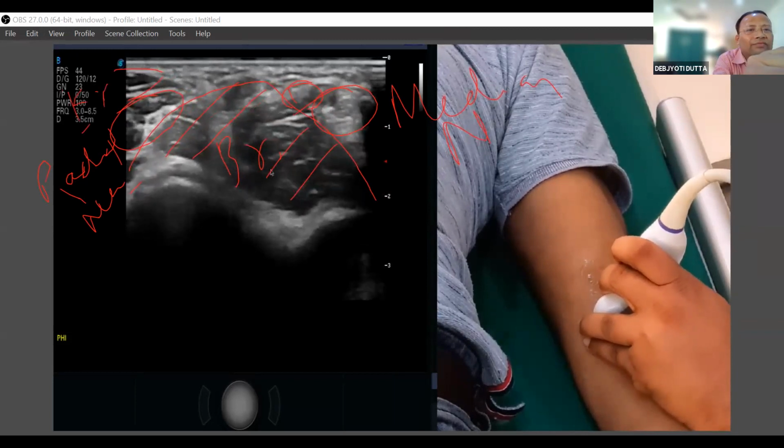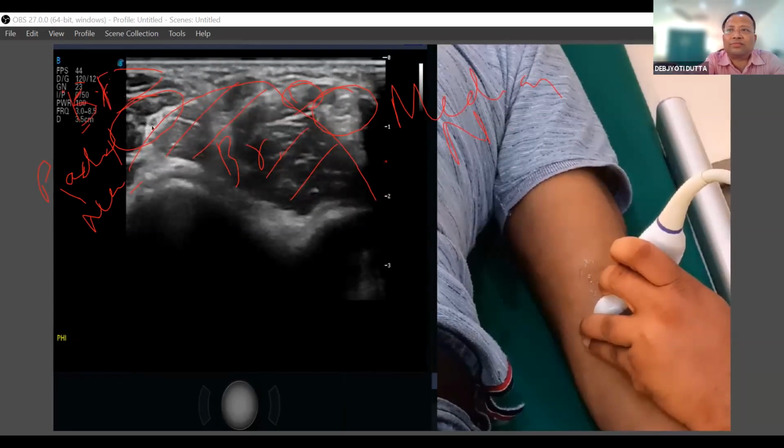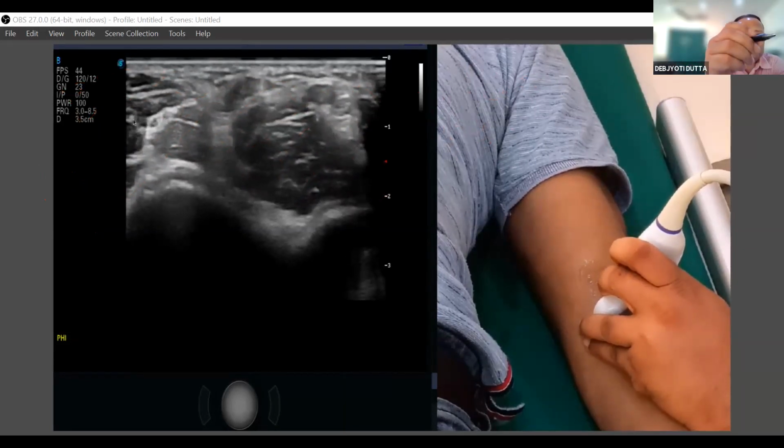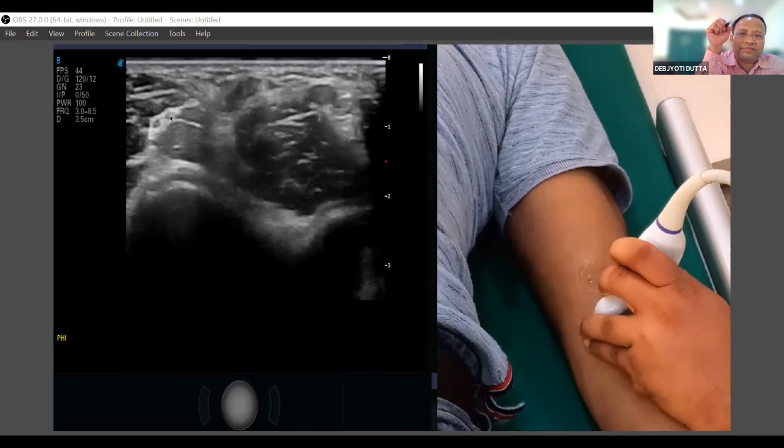Next, here can you see two, superficial and deep branches? Yes, sir. This is the brachialis. This is the brachioradialis. In between, you are able to see the superficial and deep branch of the radial nerve. This structure is actually the tendon of the brachialis.